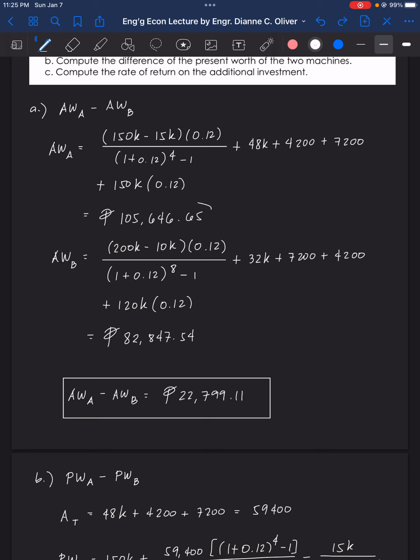So that will be 105,646.65 minus this interest on investment.